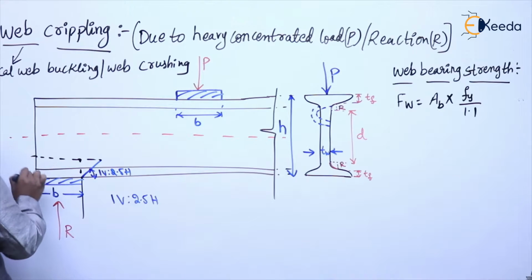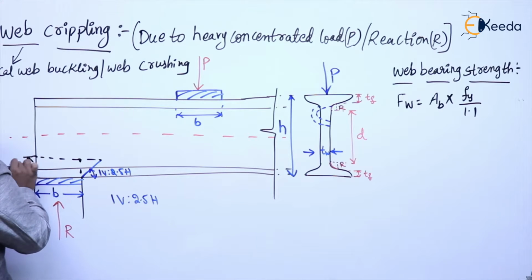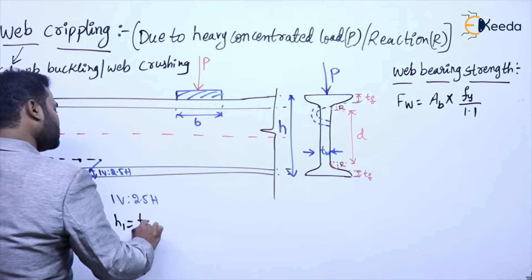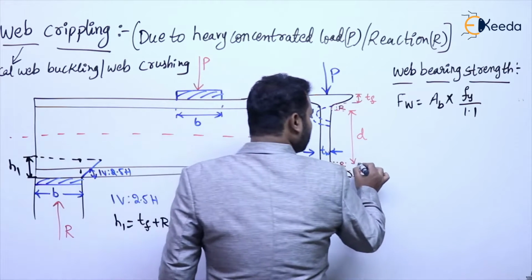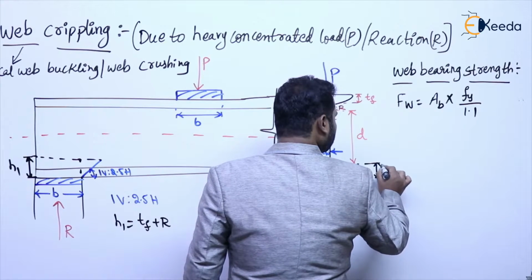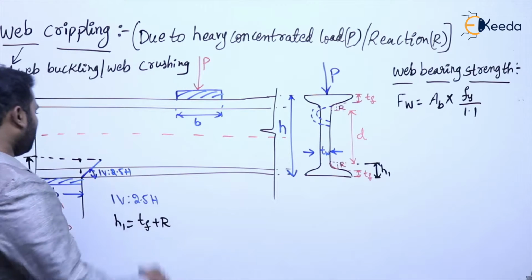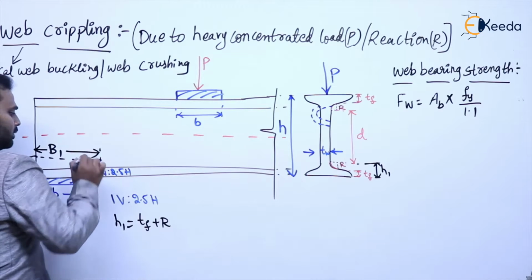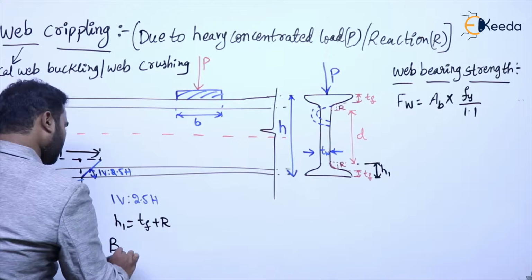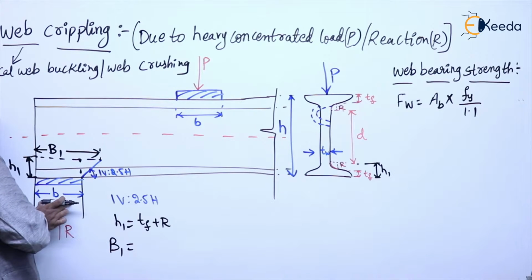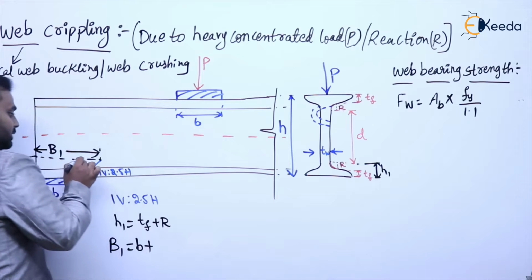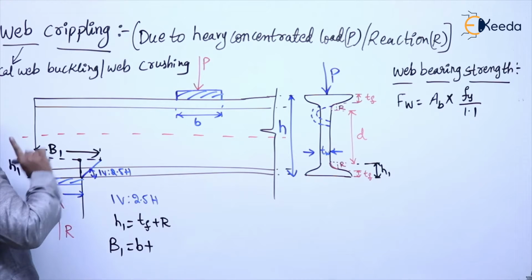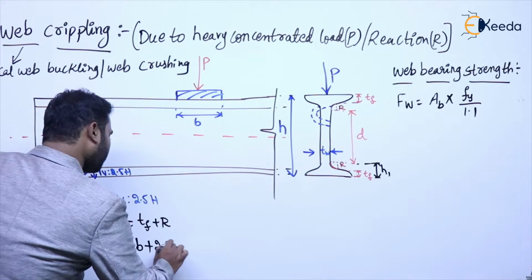Let us consider this height as h1. Basically this h1 is nothing but thickness of the flange plus root radius, up to here. This is h1 in the cross section. Now, for getting this total width b1, we need to sum the stiff bearing length b plus, since we have proceeded h1 times 1 unit vertically, in horizontal we need to proceed 2.5 units.